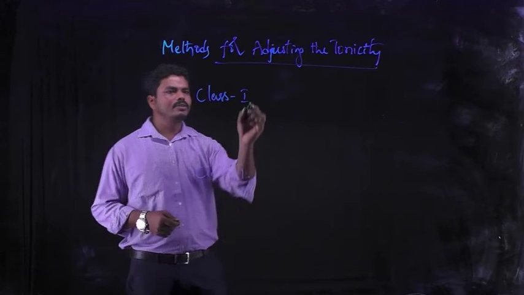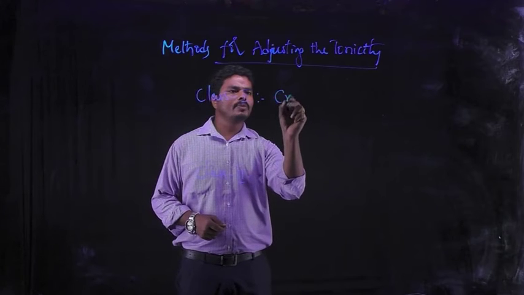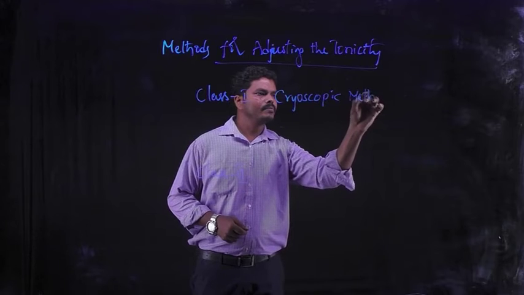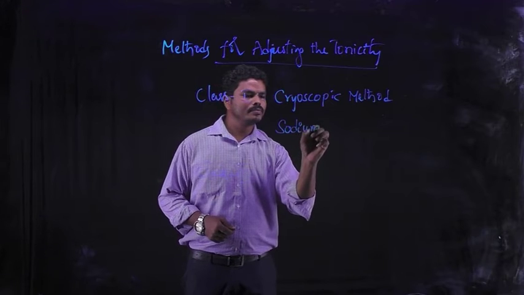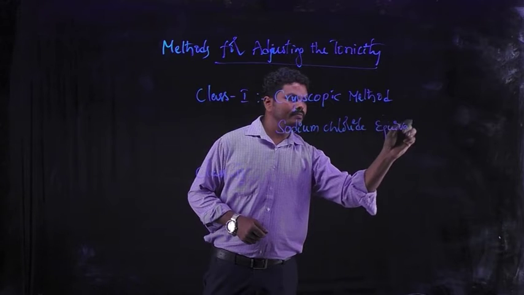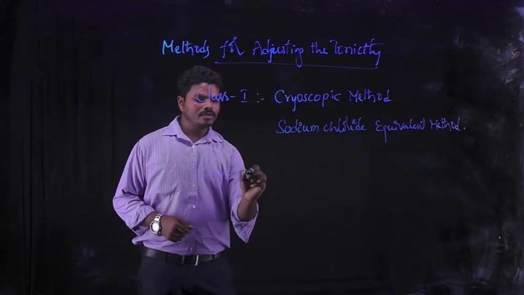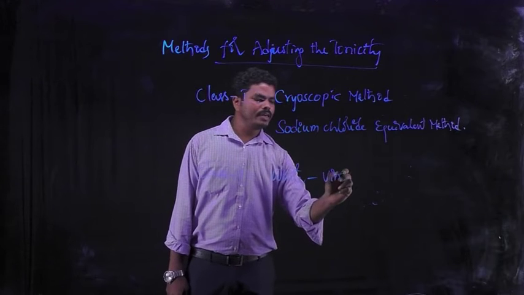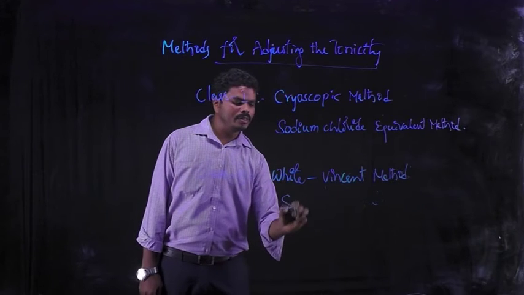In the case of the class 1 method, it is again subclassified into the cryoscopic method and the sodium chloride equivalent method. In the case of the class 2 method, it is subclassified into the White-Vincent method and Sproul's method.